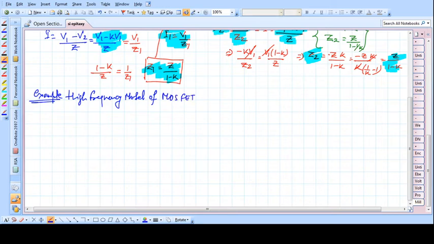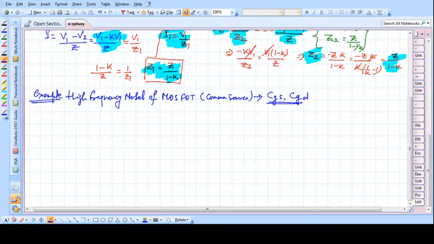For example, I am taking the common source. In the high frequency model, two capacitances come into the picture, CGS and CGD. To solve for the output gain, we have to use the Miller theorem.